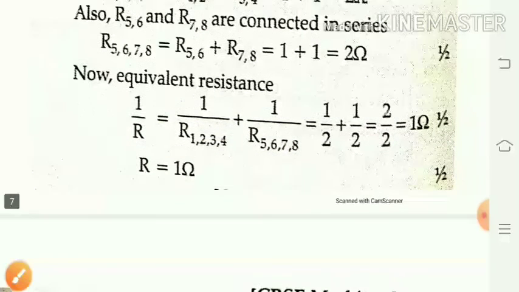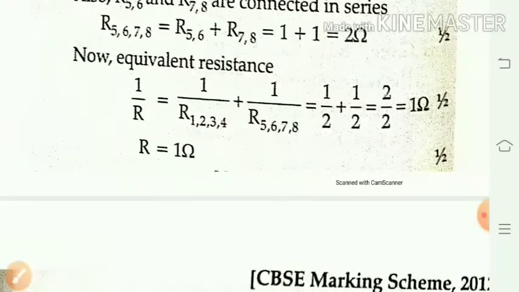Now the equivalent resistance: R1, 2, 3, 4 are in series, and R5, 6, 7, 8 are in series, but these two groups, 1, 2, 3, 4 and 5, 6, 7, 8, are in parallel combination. Therefore, we have to take the reciprocals.